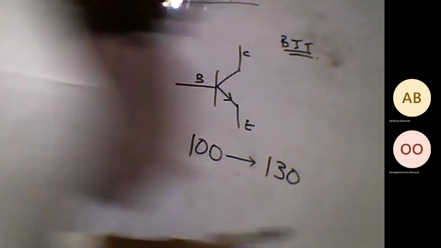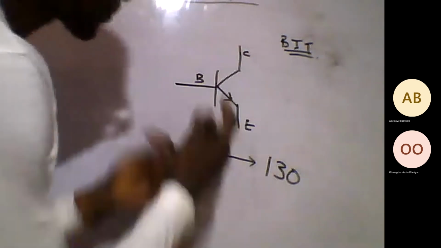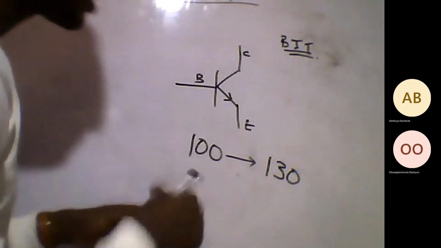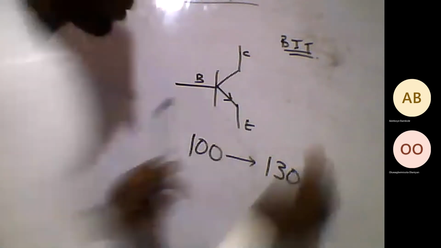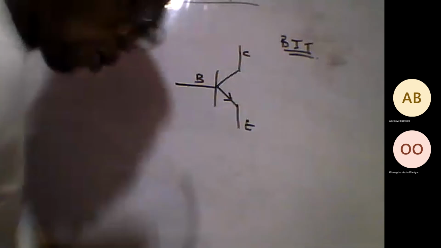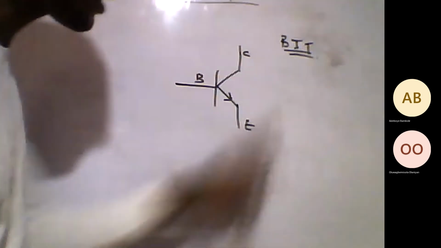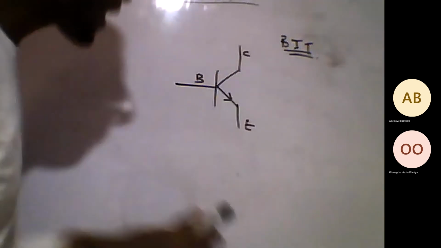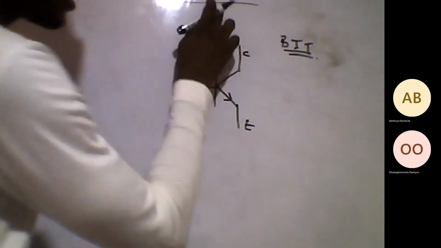In our electronics, I can tell you that our transistor works like an electronic Ponzi. Are we together? It works like an electronic Ponzi, particularly our BJTs. It takes in current, and we are looking at NPN, don't forget.